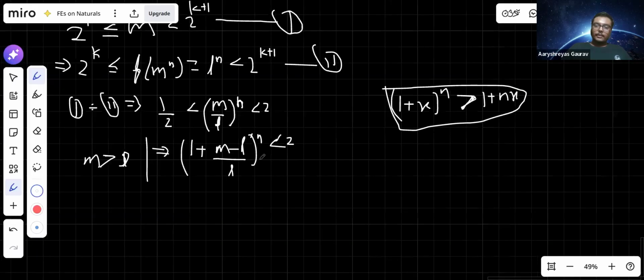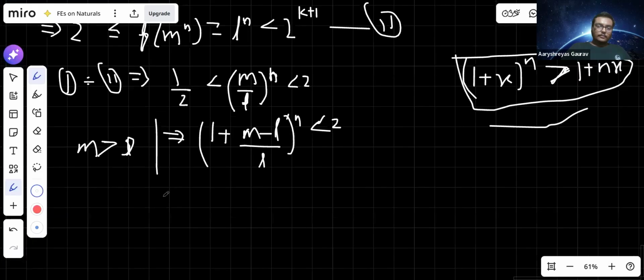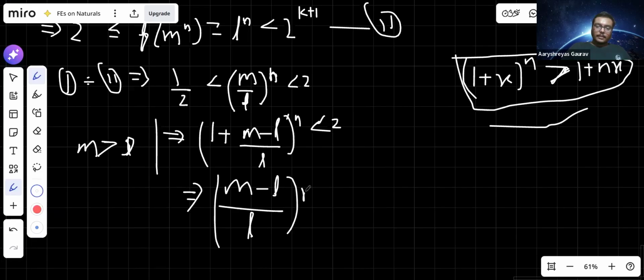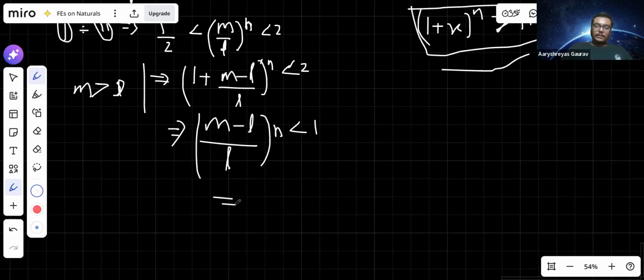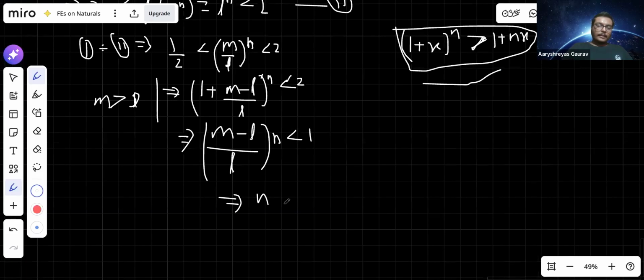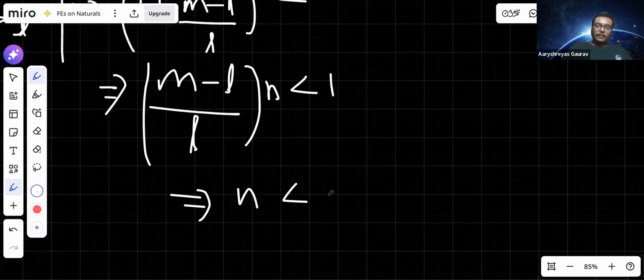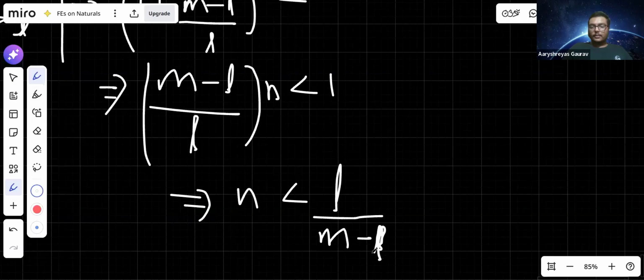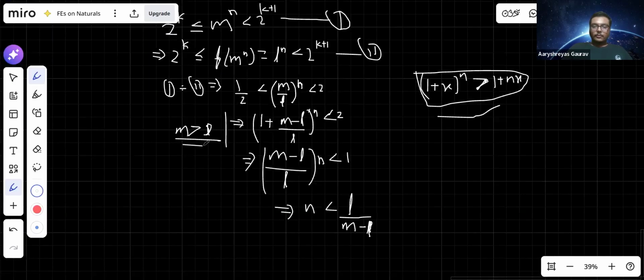And because of this approximation, I can get it to look like (m minus L) by L times n less than 1. Now, since n is any natural number, and in this condition we are limiting n, this clearly contradicts the fact that this is true. It got contradicted.